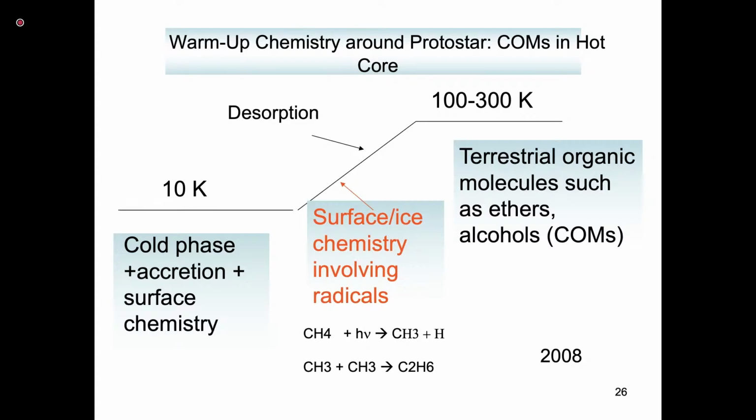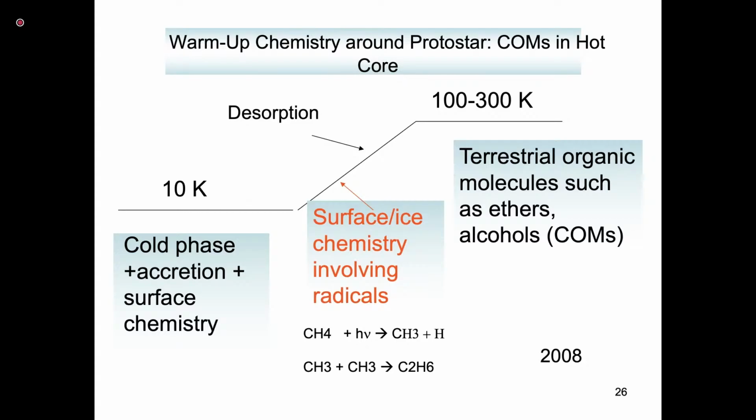It consists of both gas phase and surface chemistry, and eventually something like high temperature to kick off the molecules into the gas, because most of these molecules we see here are these COMs, and that's why people used to think they were only formed at high temperature. Then we learned that they were also formed at low temperature, and then we learned that this is not the whole story. We have to wonder how they could be formed at low temperature as well.